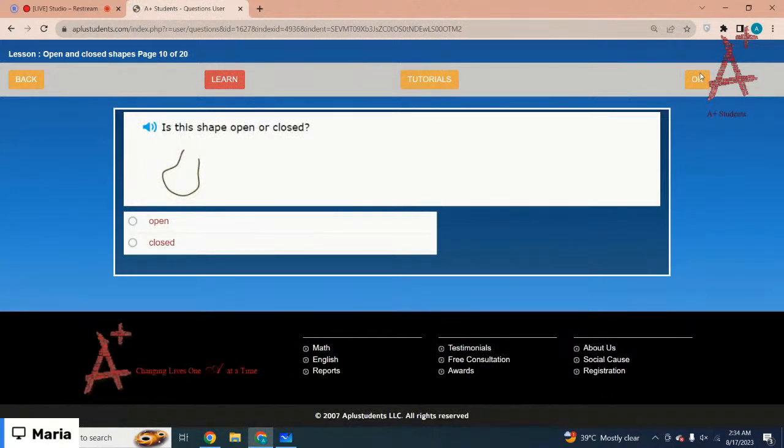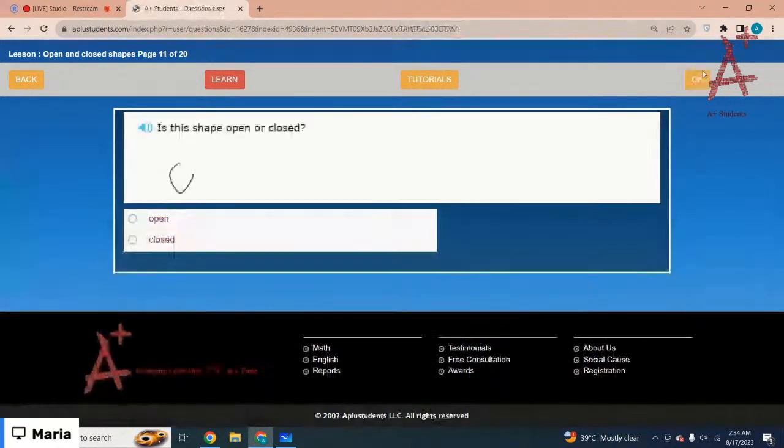Is this shape open or closed? Open. The correct option is open. Is the shape open or closed? The correct option is open.